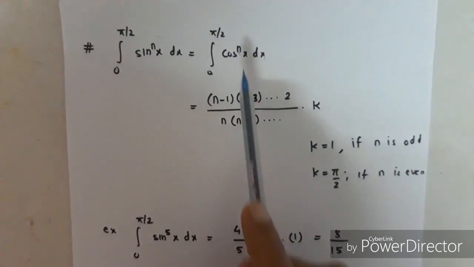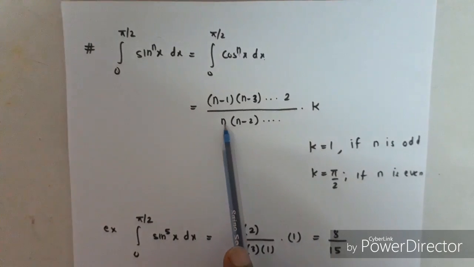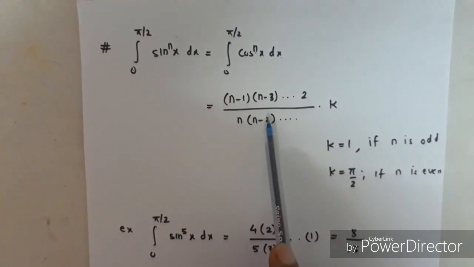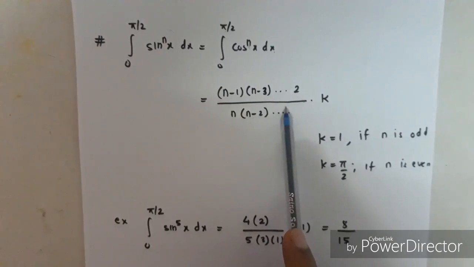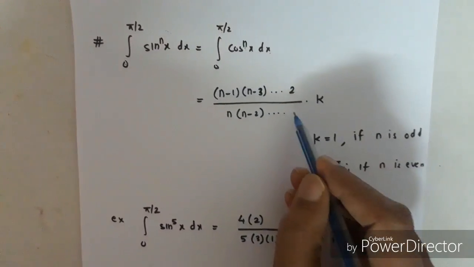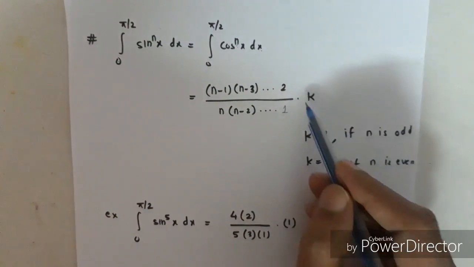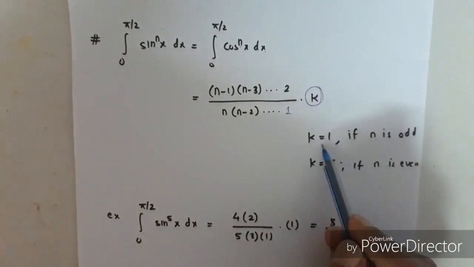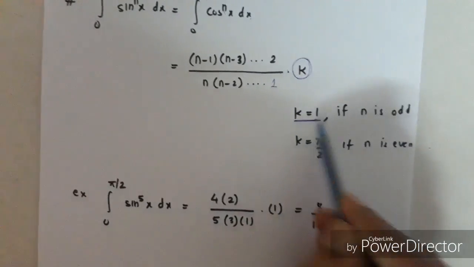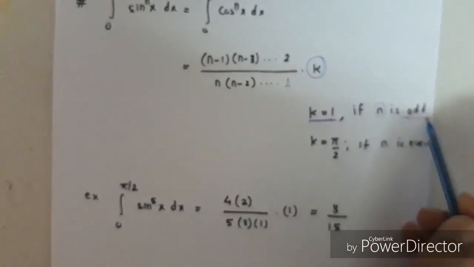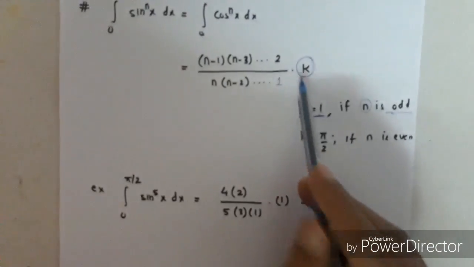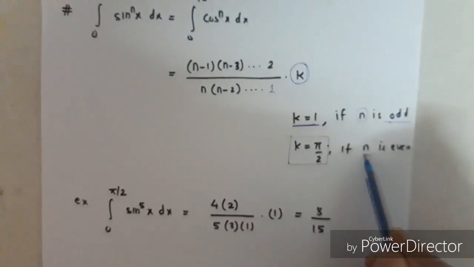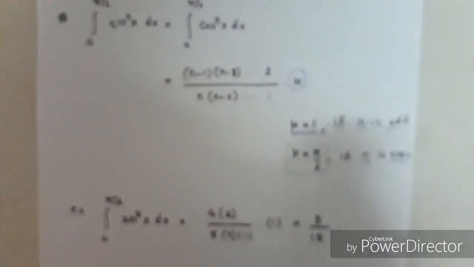Divide by denominator, we start with same power, that is n, decrease by 2, it becomes n minus 2, again n minus 4, and so on till it is reaching 1. Into k. Now this k is very important, it will be 1 if this power is odd, and pi by 2 if n power is even.